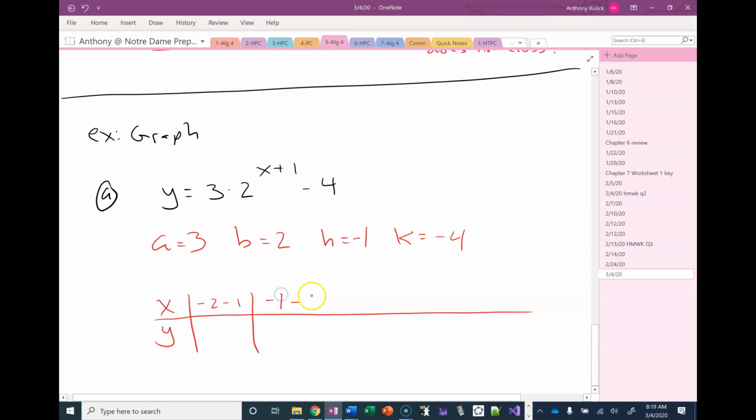And then -1 plus h, 0 plus h, 1 plus h, and then 2 plus h. So I have -3, -2, -1, 0, and 1 as my x coordinates. Everybody okay with that idea?